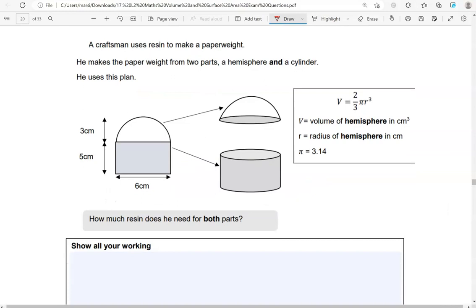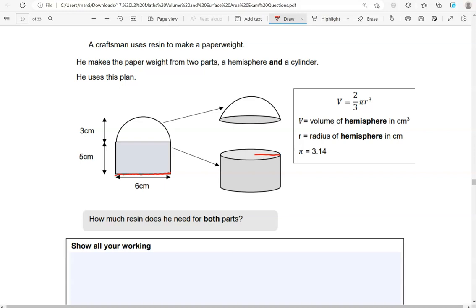Let's start with the cylinder. Do we know the radius of the cylinder? We've got the width being equal to 6 centimeters, so the radius is 3, half of that. So we're going to use that to work out the volume of the cylinder.